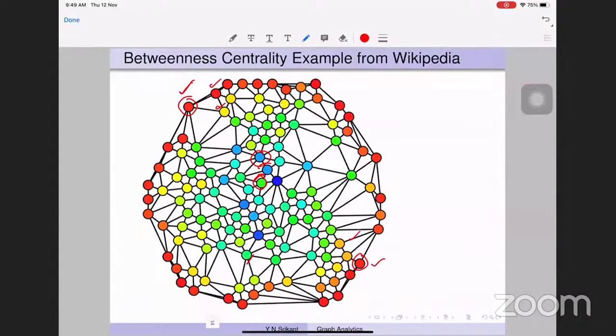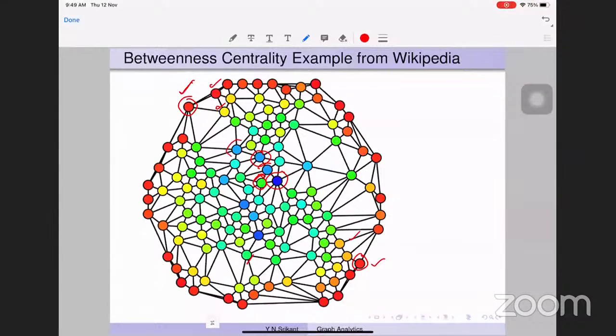You can see that this very dark blue node is very central to the graph, in the sense a large number of these shortest paths pass through this particular dark blue node.